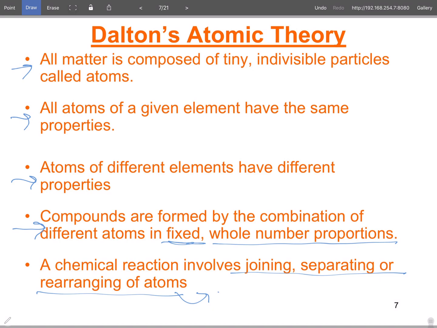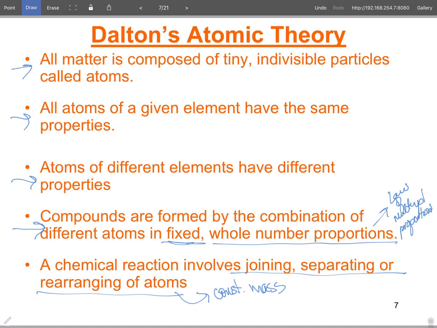And again, this is constant mass, because you're not creating anything, you're not making anything new.